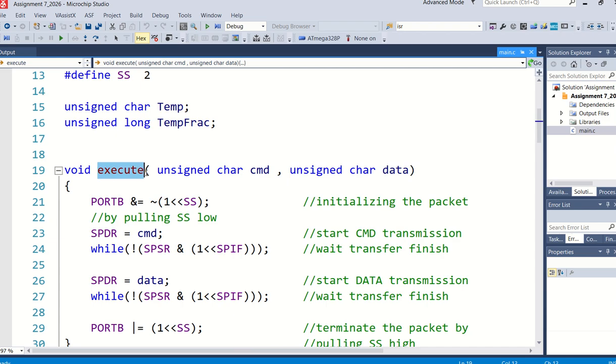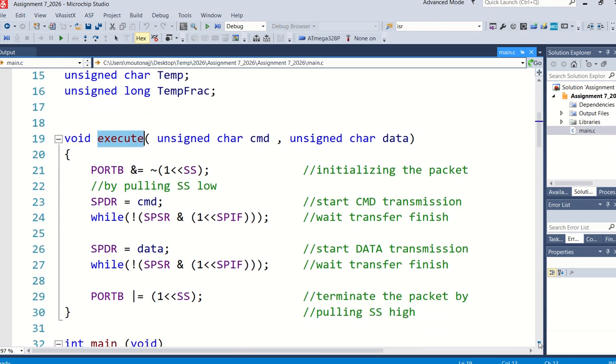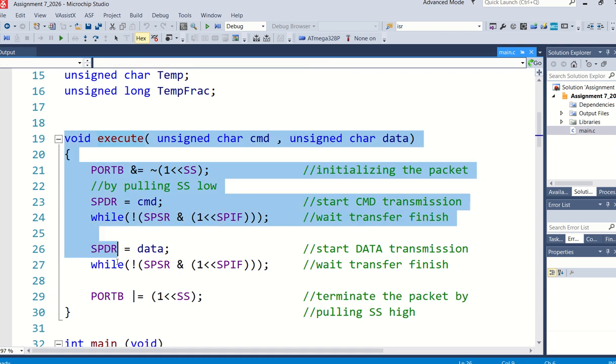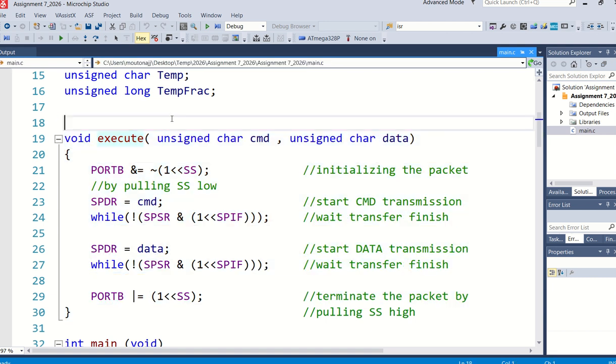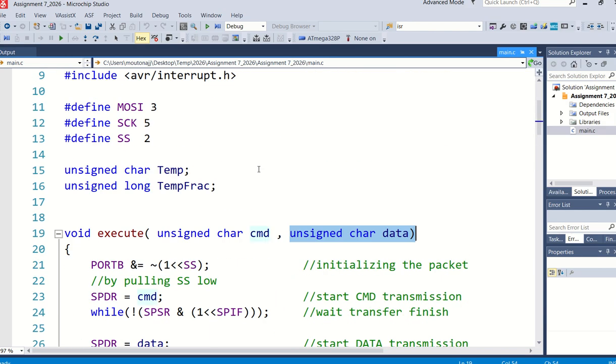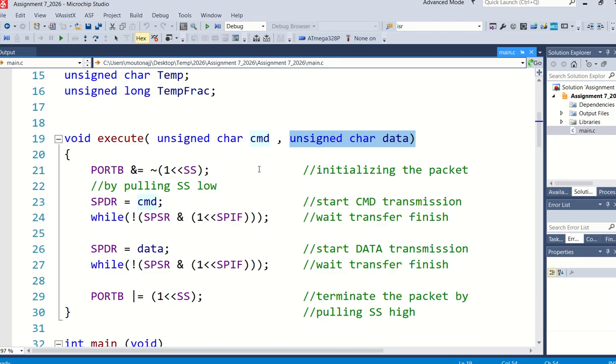This execute, I have discussed in previous classes and in previous videos. What needs to be done here is, as soon as this specific device gets the command value and the data, it will be sent to the MAX7221, of course. So I'm not going to discuss that one also. This is old news for us.